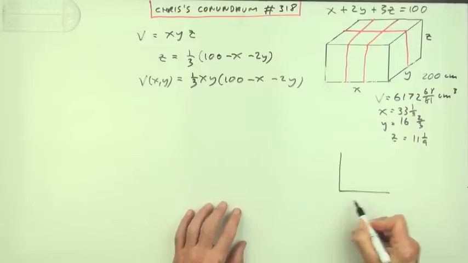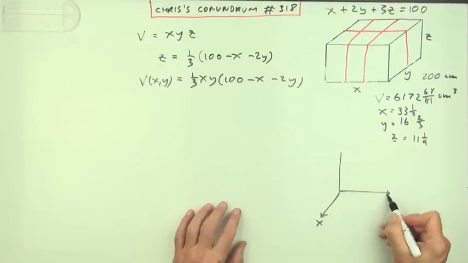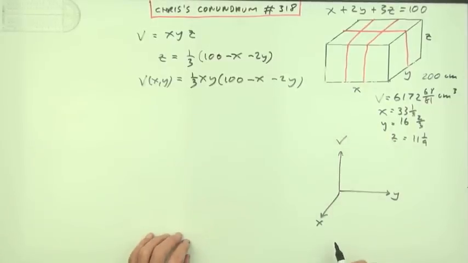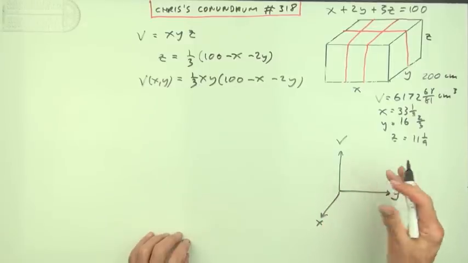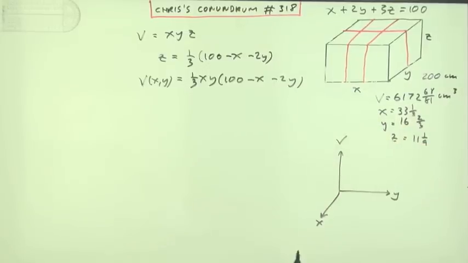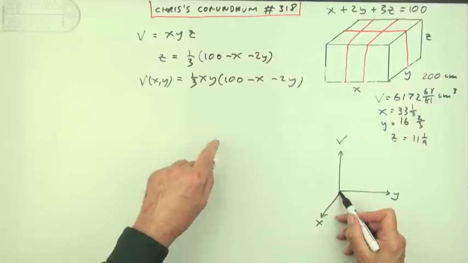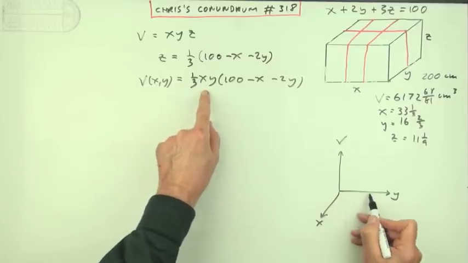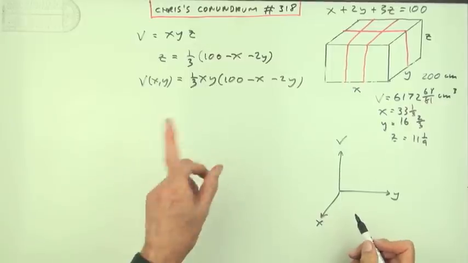Here, if you were to plot this, there's the x-axis, the y-axis, and of course you're plotting v as the vertical axis. There's going to be some surface here, and you want to find the highest point in that surface if it's a maximum. You also know that if x is 0, the volume's 0. If y is 0, the volume's 0. There's also a maximum.